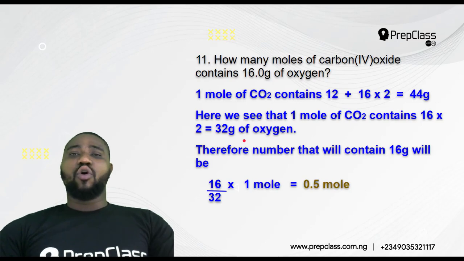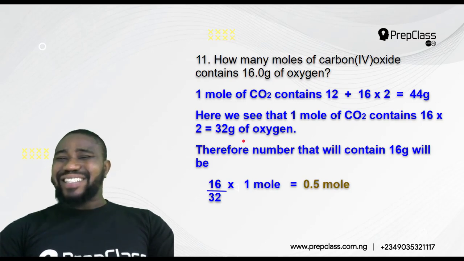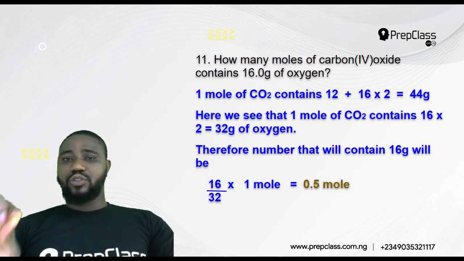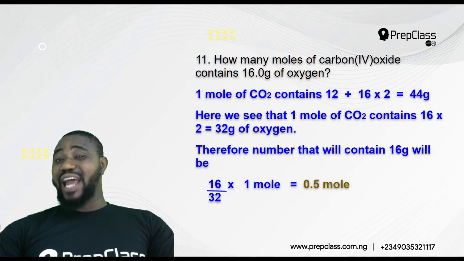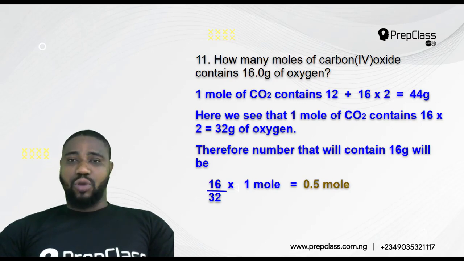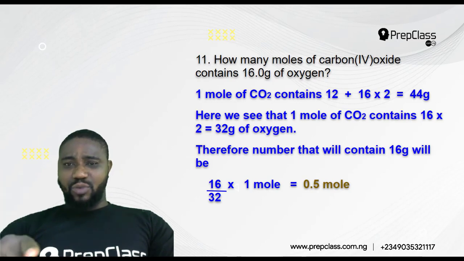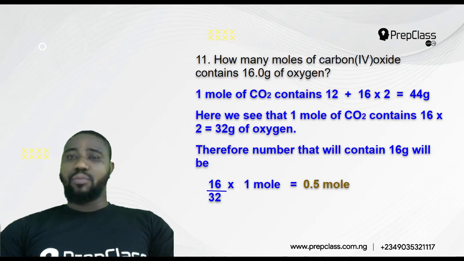Remember that in the mole, we usually define the mole as the number of elementary entities as it is in exactly 12 grams of carbon, having an isotope of carbon with an atomic number of 12. Remember that this carbon 12 is usually used as a standard for measuring 1 mole.